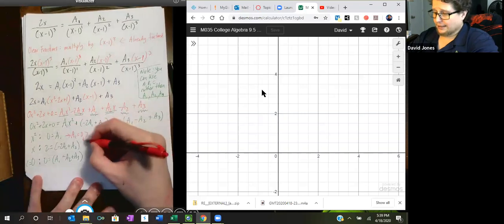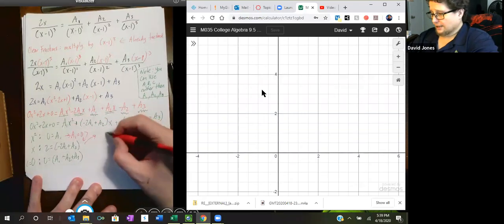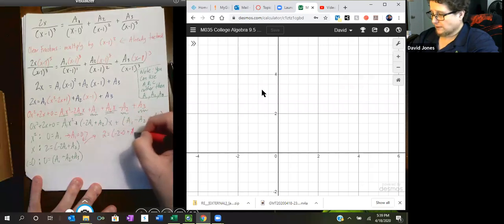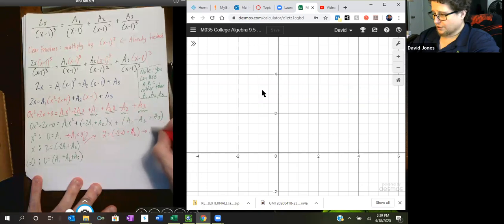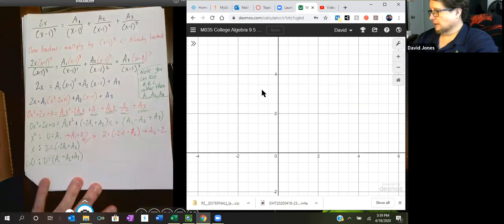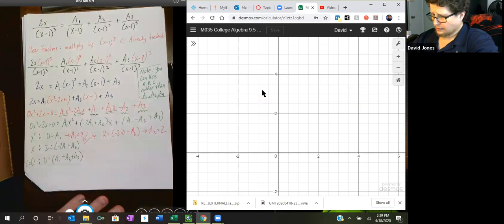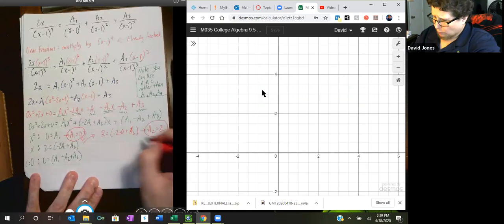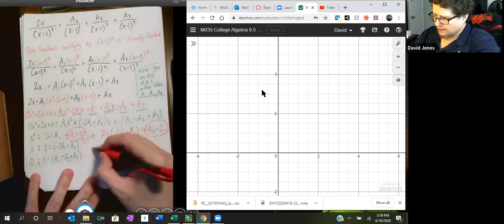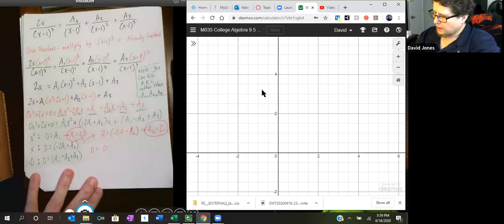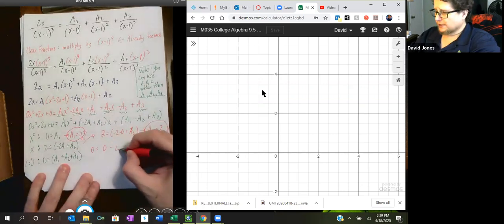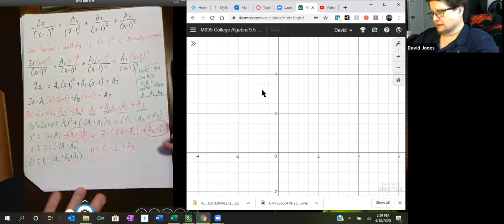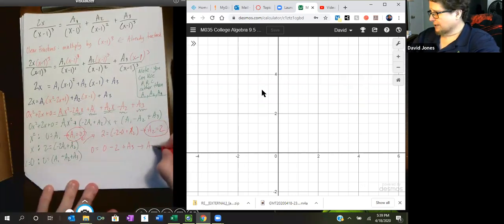So I'll plug that in there. And I get 2 equals negative 2 times 0 plus a2. So a2 equals 2. And we'll plug that in here. 0 equals 0 minus a2 plus a3. And we solve for a3 and we see that a3 equals 2.